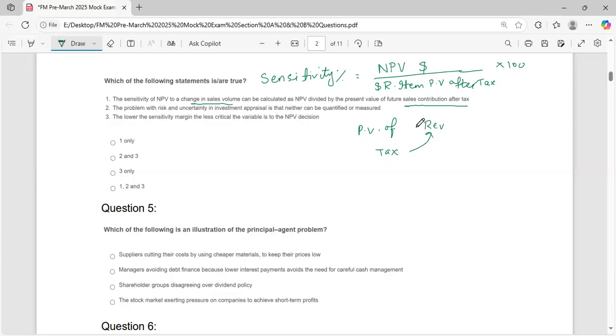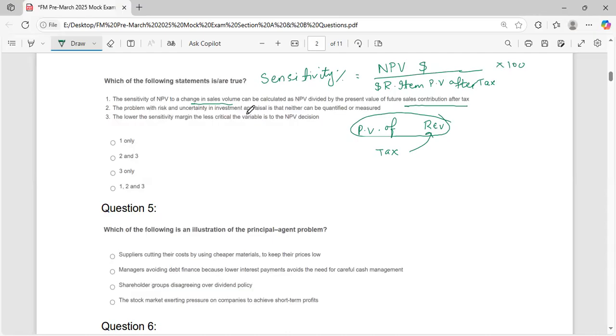If we are calculating present value of variable cost, we will calculate tax saving on variable cost. If we are calculating present value of fixed cost, then tax saving on the fixed cost. Similarly, percentage of sales volume requires sales contribution, so we will calculate tax payment on the sales contribution. Whatever present value item you are calculating, you will calculate tax on that particular working. So this one is the correct statement.